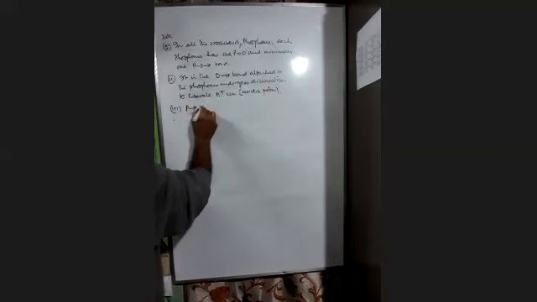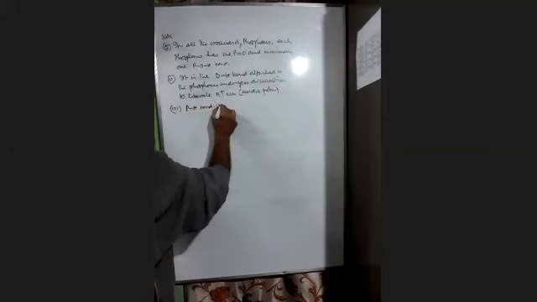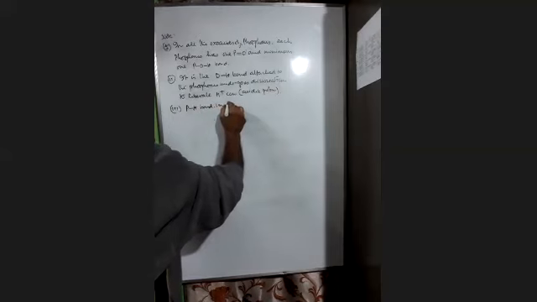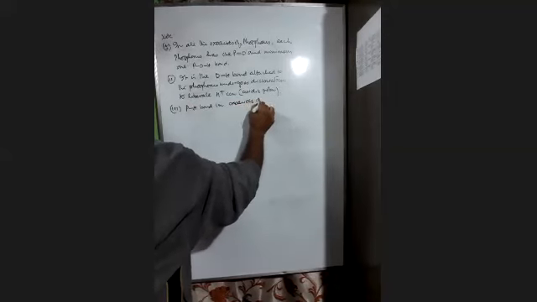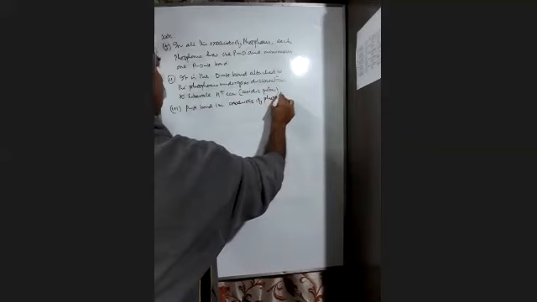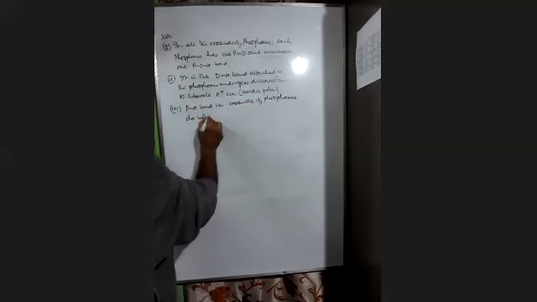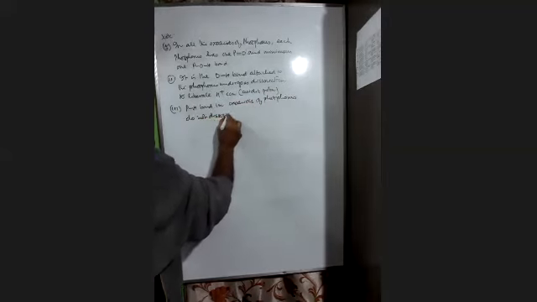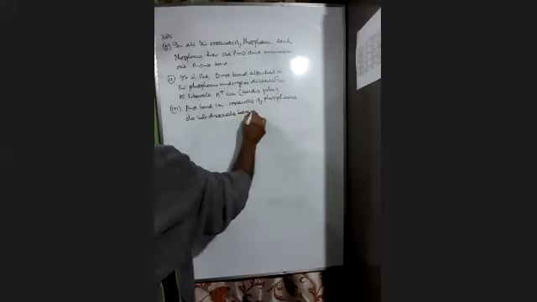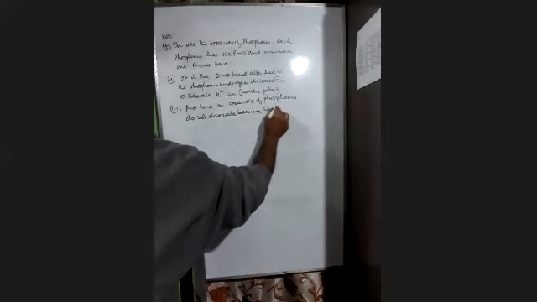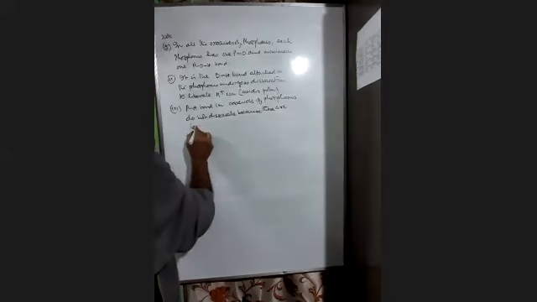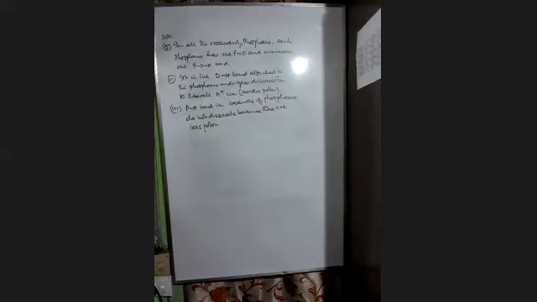The phosphorus-hydrogen bond in oxo acids of phosphorus do not dissociate because these are less polar. Okay.